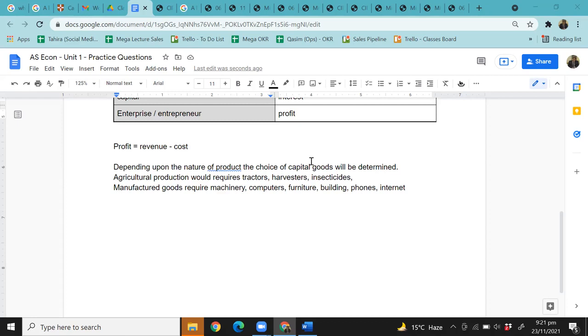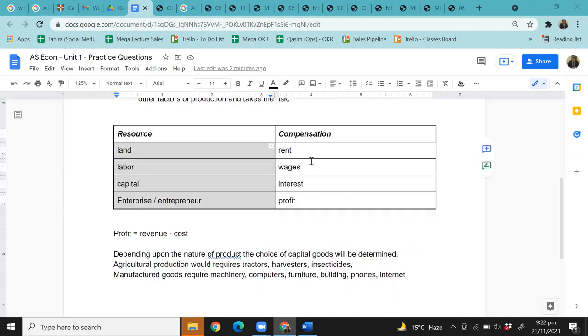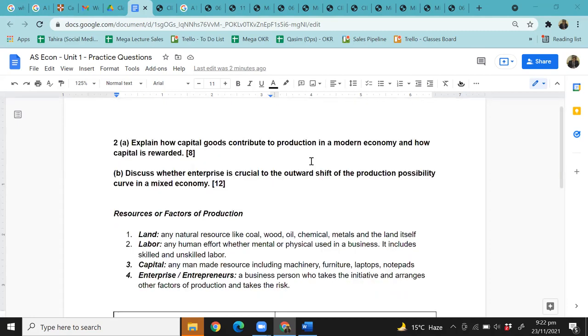So if you think of the agriculture sector in very advanced economies like USA and so on, they use a lot of capital goods, very few people, but still you need a person to drive a tractor. You still need a human to operate the harvester. You still need someone to spray on the fields. Yes or no, right? So in every business, all four factors of production are used.